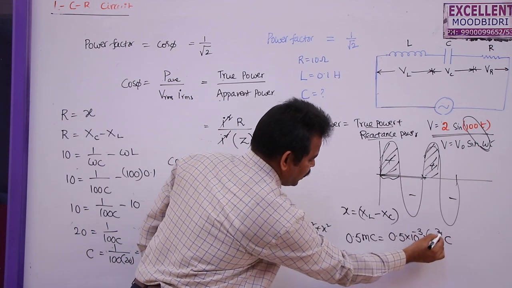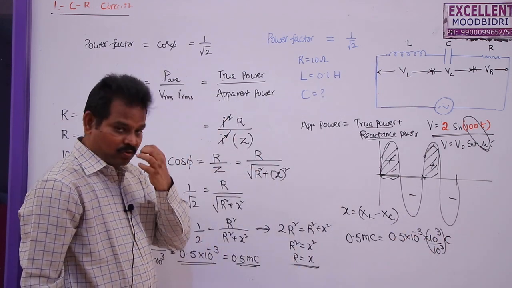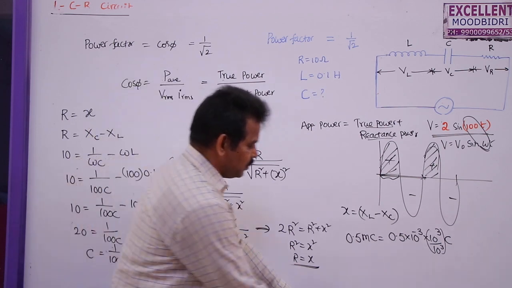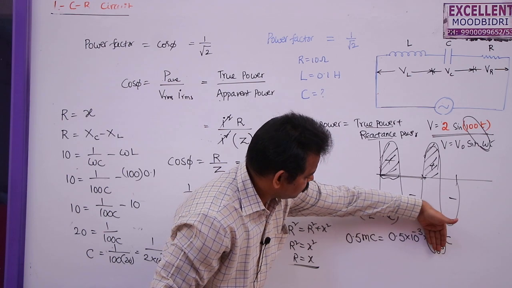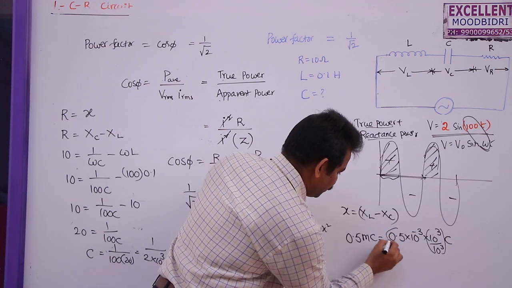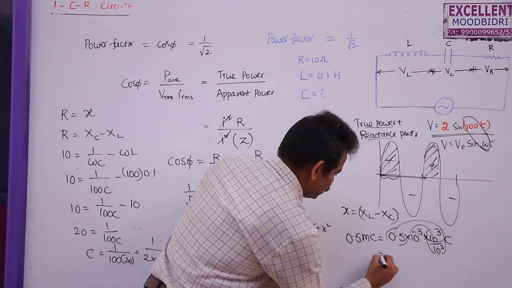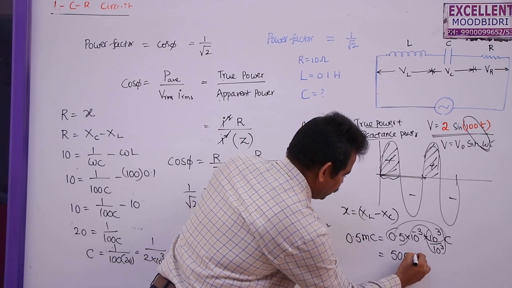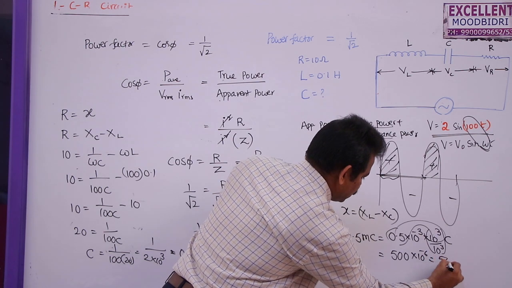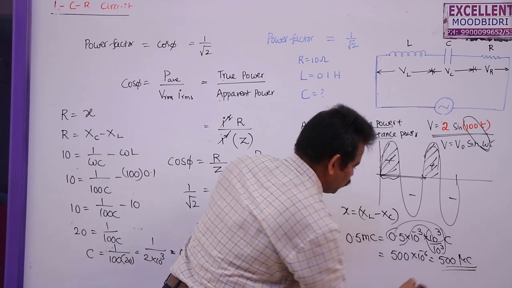That means I am multiplying this with 10 power minus 3 into 10 power plus 3. Then these two, 10 power 3 by 10 power 3, will become 1. So there is no change in this value. But if you multiply this with 10 power 3, this will become 500 into 10 power minus 6. The answer may be given in microcoulombs also. Be careful.